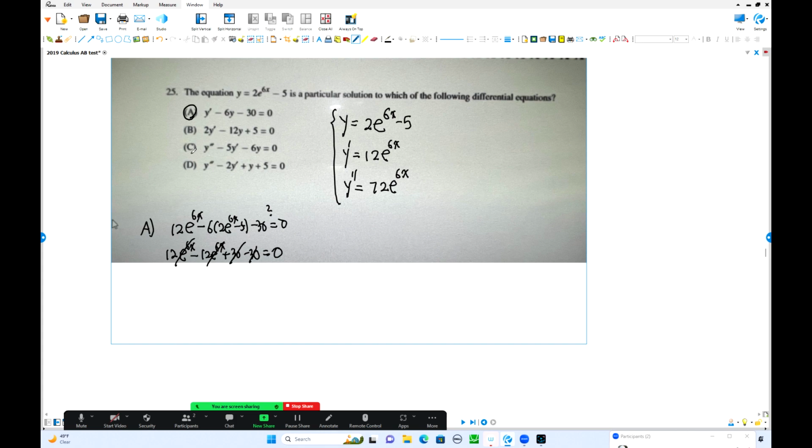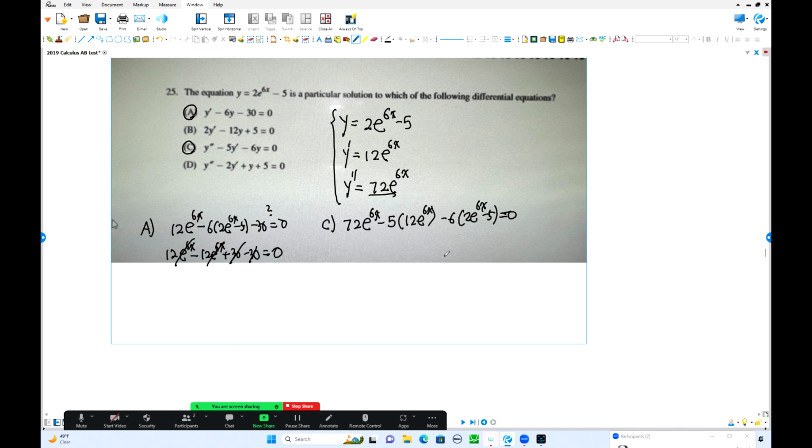Let's check the third one only. Y second prime is 72 e to the 6x, minus 5 times y prime, which is 12 e to the 6x, and plus 6 times y, equal to 0.